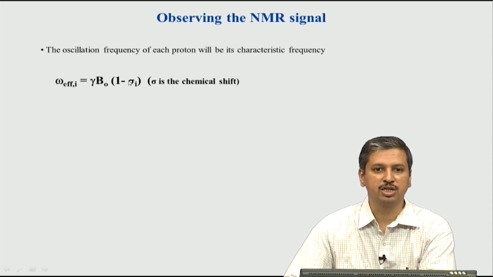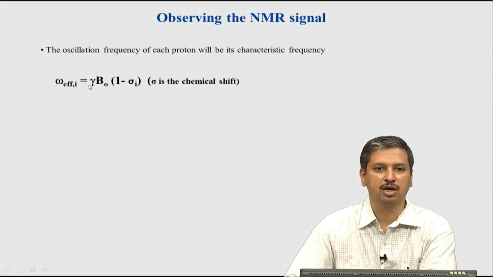But many spins have the concept of chemical shift, which is a parameter which deviates the effective magnetic field from the B0. That means the spins do not all experience the same field. Let us say you take a molecule like ethanol.